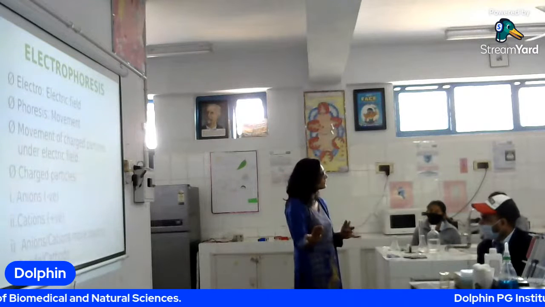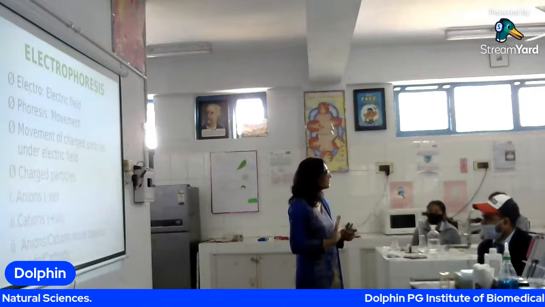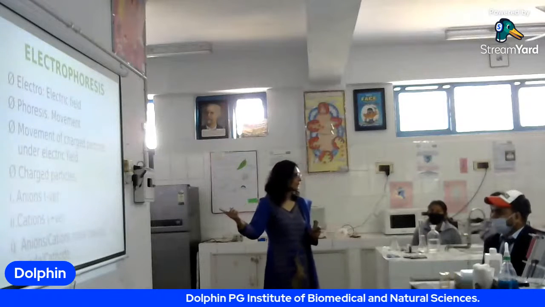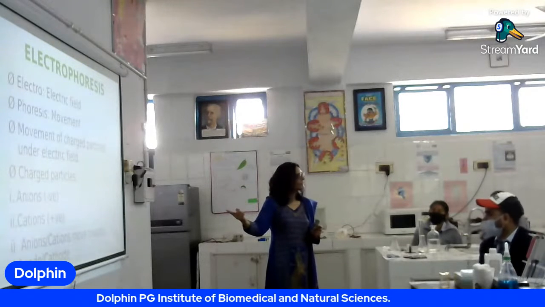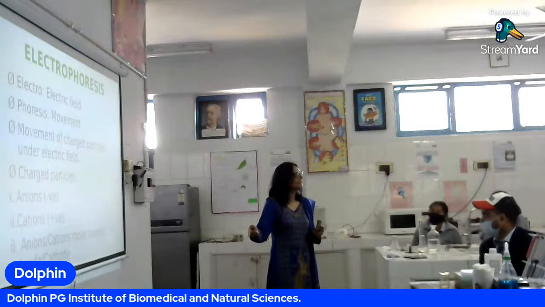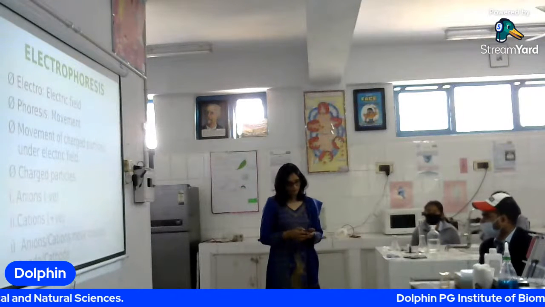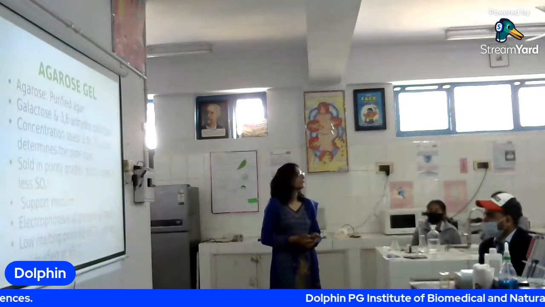Cations go towards the cathode. Cat and cat is common. So two cats here. Take cat, which one is it? The cations. The other cat is the electrode, which is the cathode.